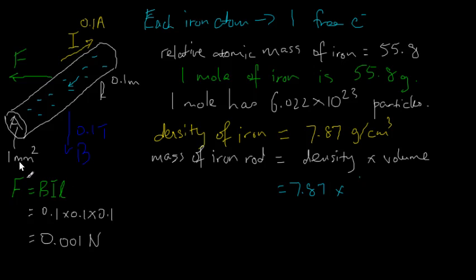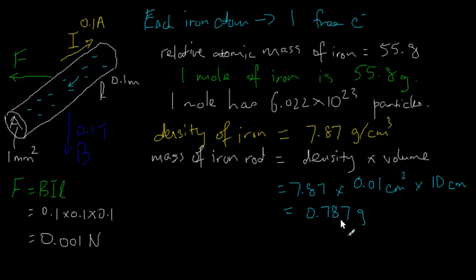Since 1 millimeter is 0.1 centimeter, the square of that would be 0.01. So 0.01 cm squared for the cross-sectional area, and for the length, 0.1 meter is 10 centimeters. Okay, so we have our answer. This times this times this would be 0.787 grams.